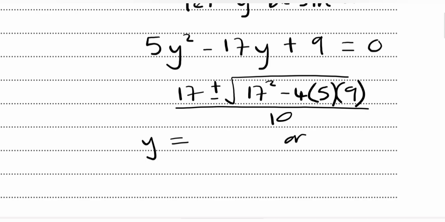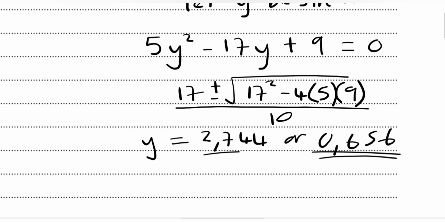And that's 2.744. And the other one, now using the minus, 17 minus that, is 0.656, right?